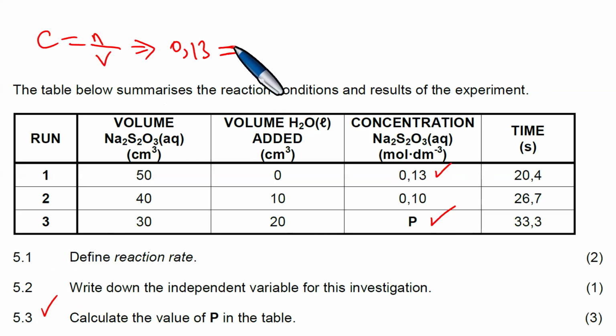The number of moles is what we need to get. And then we have to determine the volume. When we have the concentration of 0.13, what then becomes the volume?